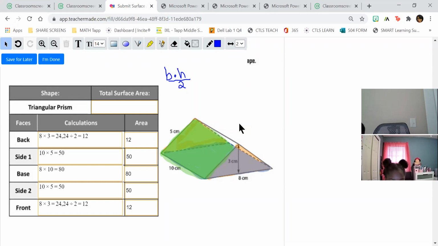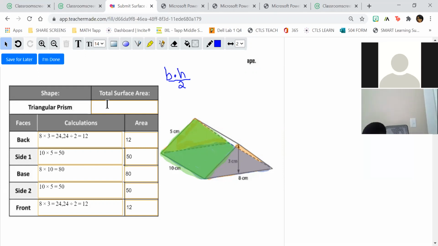Did anybody type that in? What did you get for the total surface area? You can unmute and share if you have the total surface area. No one? No one got the total surface area?